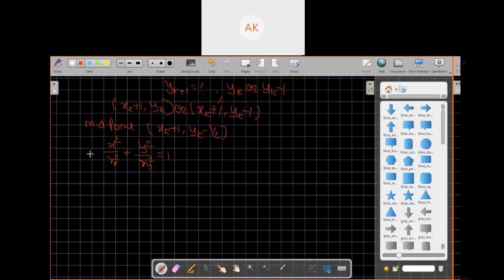This is the equation of ellipse. When you simplify this: x square ry square plus y square rx square minus rx square ry square equals 0. This is the equation of ellipse.